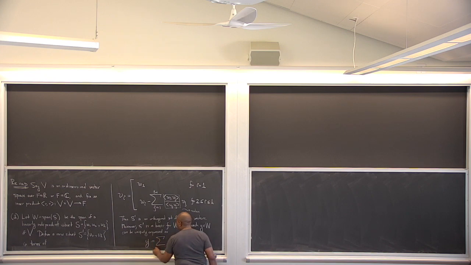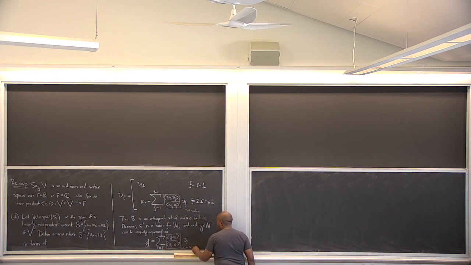Here I have a sum, i goes from 1 to k, of the inner product of y with v_i divided by the inner product of v_i with itself, times v_i. And just like before, these ratios are also scalars.